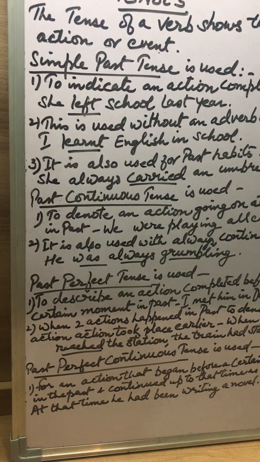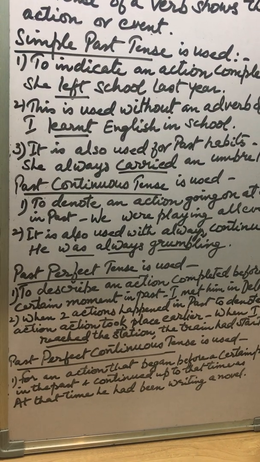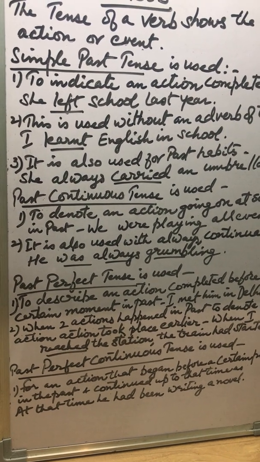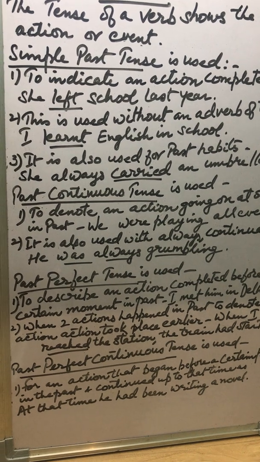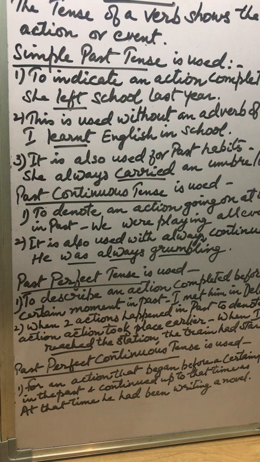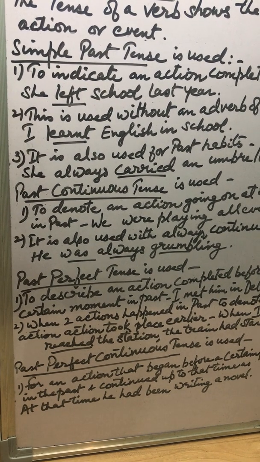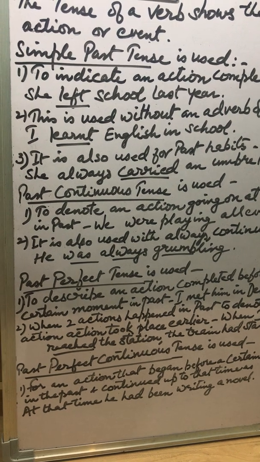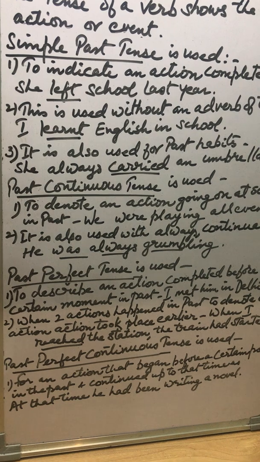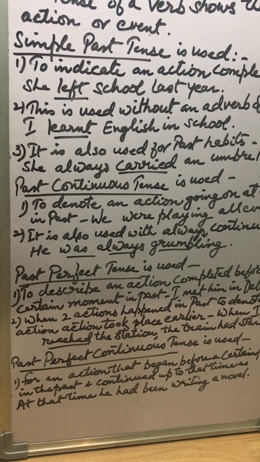The next division is past perfect continuous tense. Like present perfect continuous tense, the past perfect continuous tense is also used to show an action that began before a certain point in the past and continued up to the time of speaking.